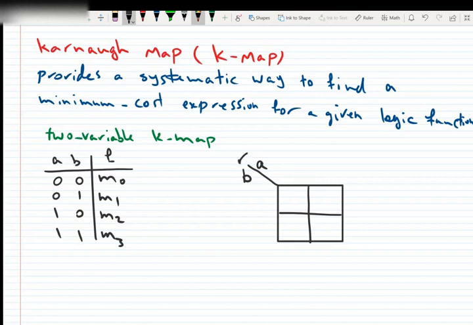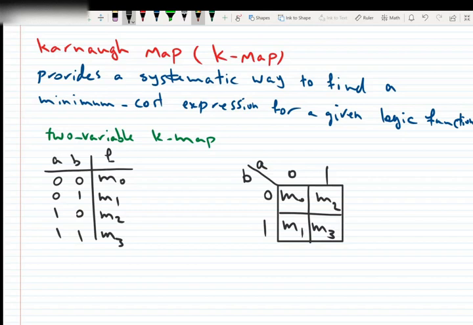No big difference if we switch a and b, but always we put the first variable for columns and the next variable for the rows. So a is 0, 1, 0, 1 for a and b. For the first cell, we see that a is 0 and b is 0. So which min term should be placed in this cell? Of course, m0. So m0 will be placed here, m1 here, m2 here, and m3 here.